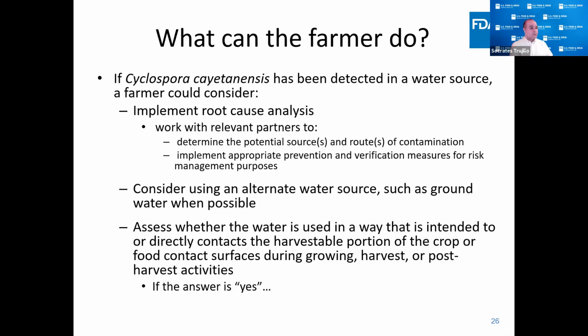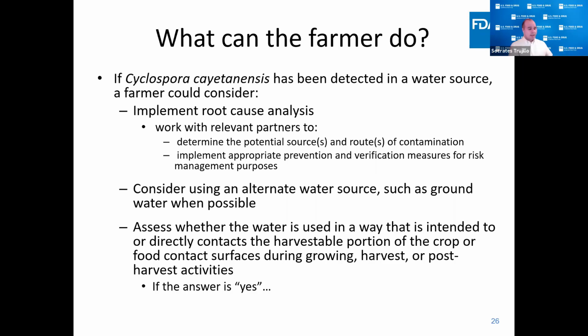They start working to try to implement a root cause analysis. Talk to your farmers about it and say, okay, but if there is contamination, what could happen? Can they change the water source, move from a surface water to a groundwater if possible? And that's some of the things that you need to talk to your farmers about, right?